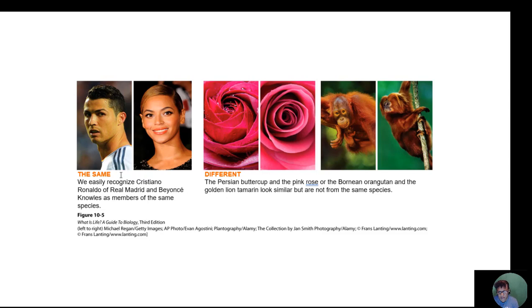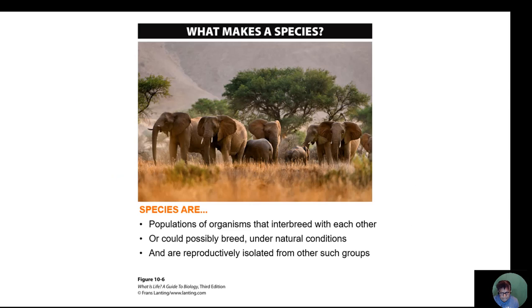They're Homo sapiens. But when we look at other organisms, for example, the Persian buttercup and the pink rose, or even the Bornean orangutan and the golden lion tamarin, they can look very similar. However, they are not from the same species. So this begs the question, what is a species, right?